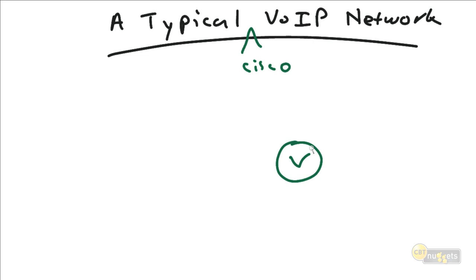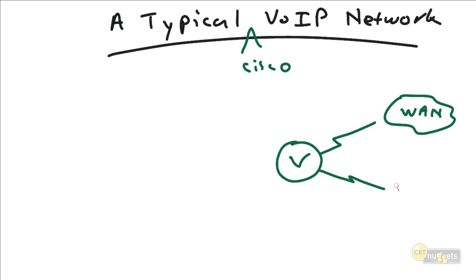It's a voice capable router. So it'll make a traditional connection to an IP wide area network, and it can also make a connection to the public switched telephone network. Sure enough, Cisco will call this in kind of standards terminology that we've already discussed. It will call it a gateway.